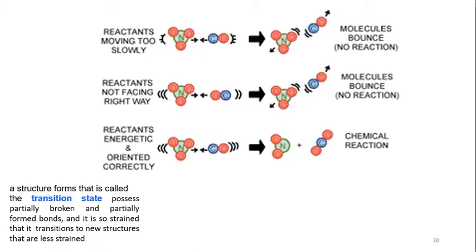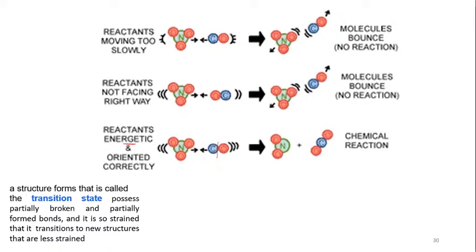For any reaction to happen, the reactants have to have energy. This energy has to be enough to break the bonds in the reactants and reform them in the products. Also, the orientation of the reactants has to be in a certain direction that allows the atoms to meet and bind together again in order to form the product.